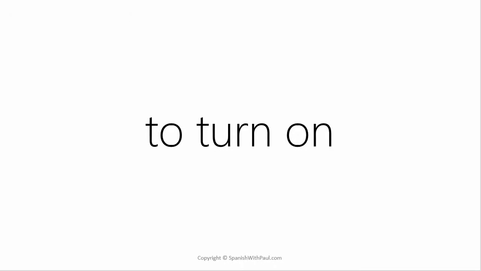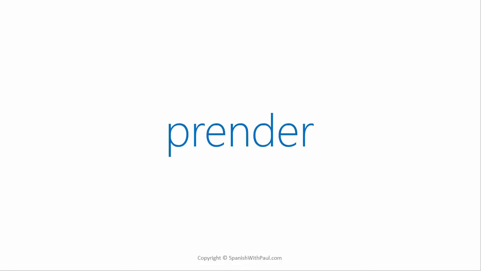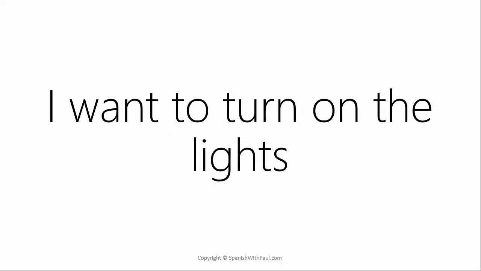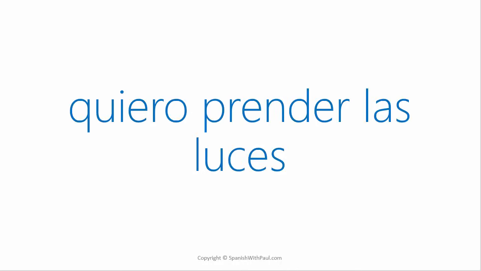Once again, what's the verb to turn on? Prender. And what is I want in Spanish? Quiero. How would you say I want to turn on the lights? Quiero prender las luces.